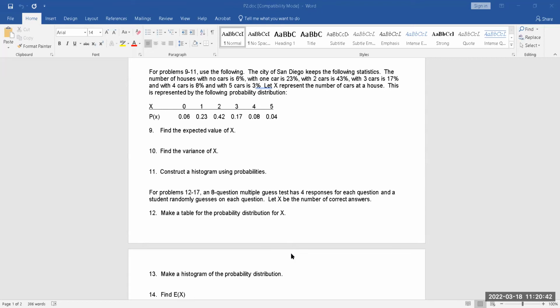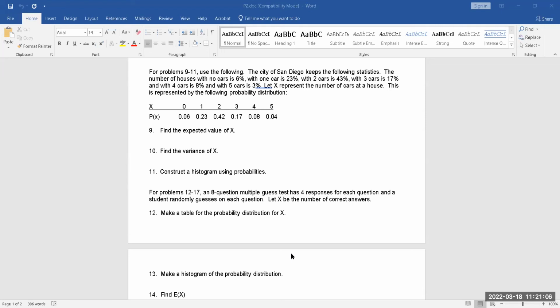And now I'm just going to make my rectangles. The first rectangle, 0.06, so not quite all the way up there. Something like that. My second rectangle was 0.23. I have to be able to read it. It's right in front of me. So 0.23, about there maybe.